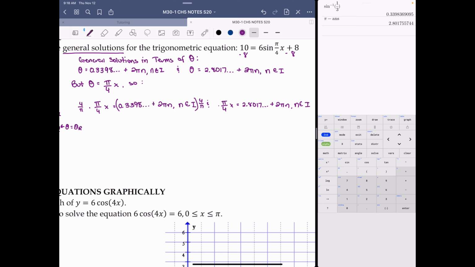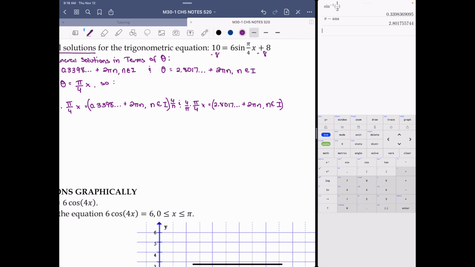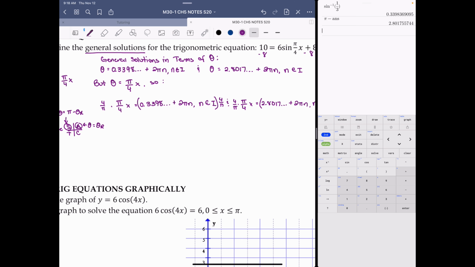And do the same thing for the second one, times 4 over pi. So when we do that, we divide out our 4s and divide out our pi's. We're left with x on the left side of the equal sign. Then when we multiply 4 over pi into these brackets, it multiplies to both terms, so to that, and also to the 2 pi n term.